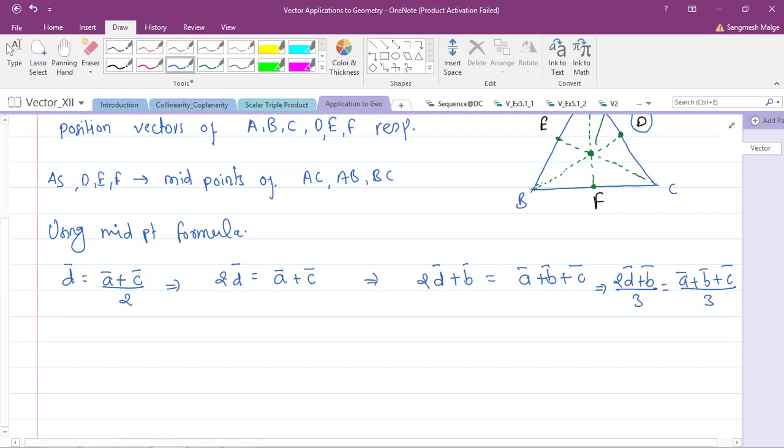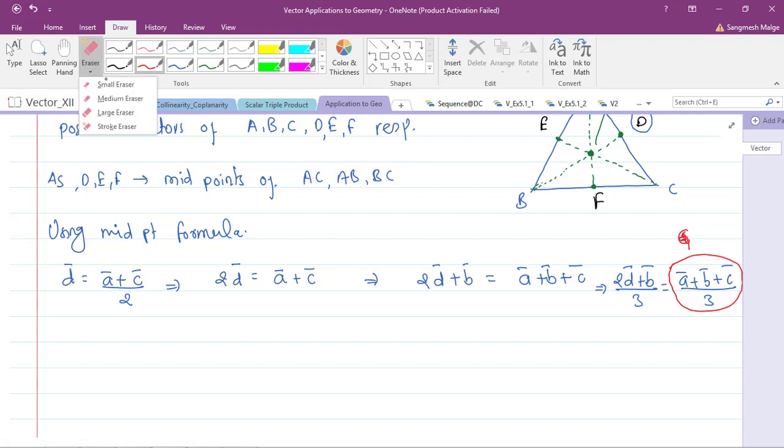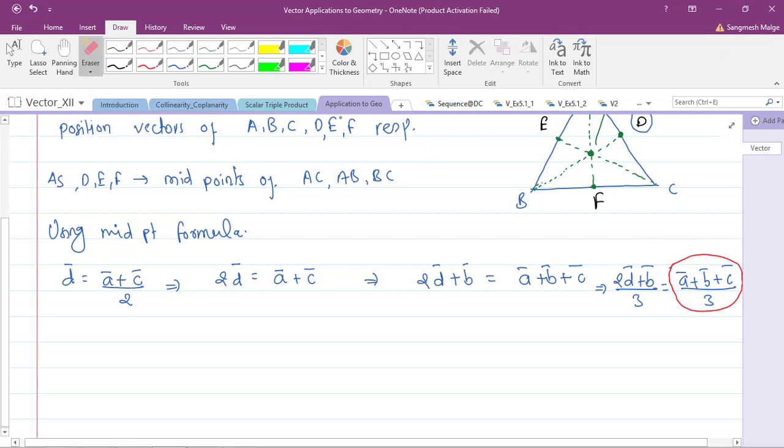Now if you remember, what is this part? This part is nothing but the centroid of triangle ABC. I hope you remember this. This is G, the centroid of triangle ABC with vertices A, B, C. So this is equation number 1.